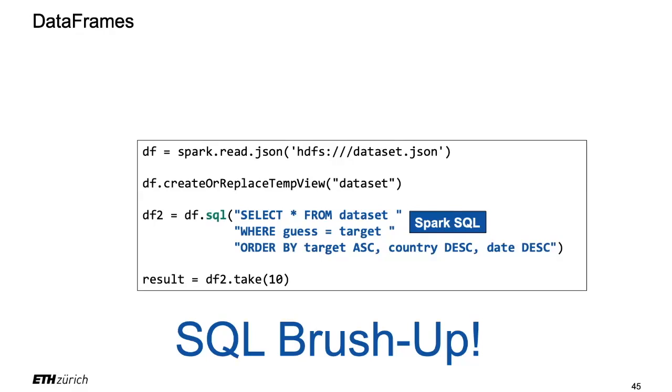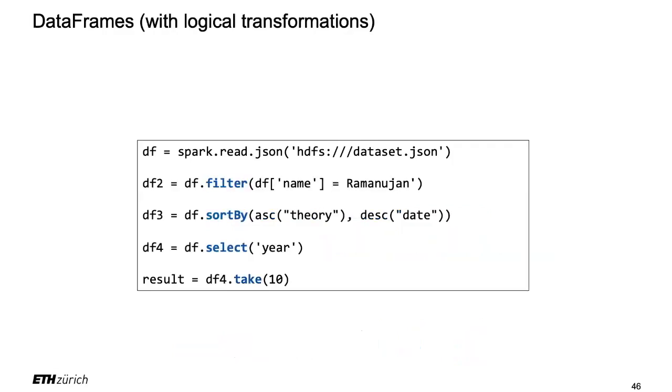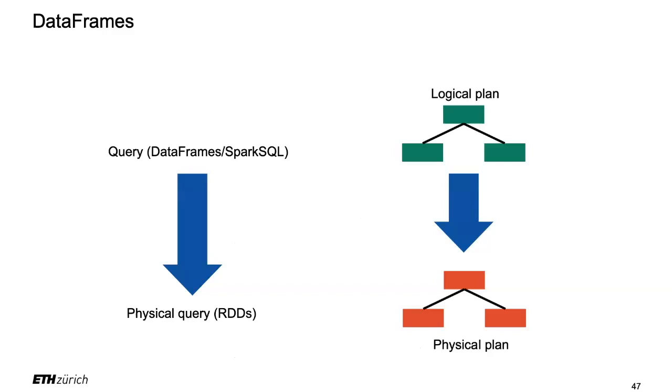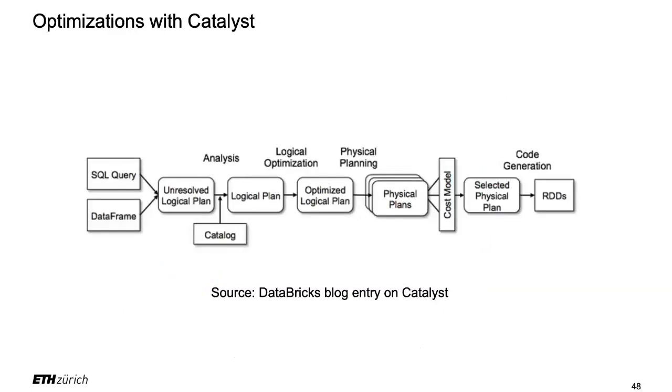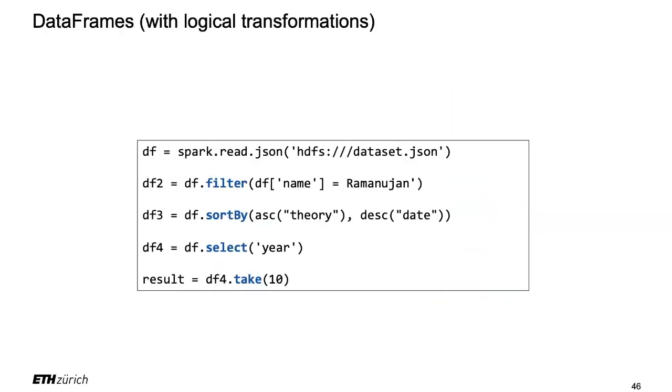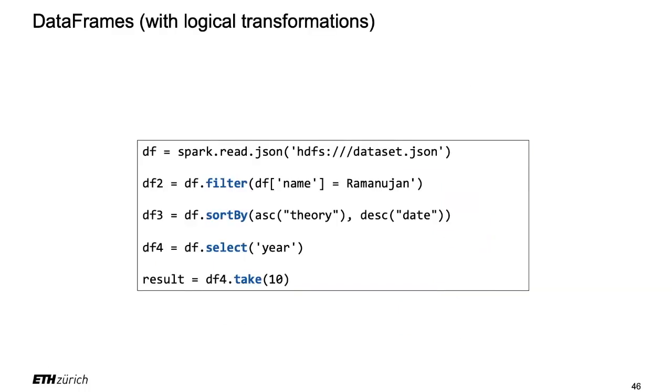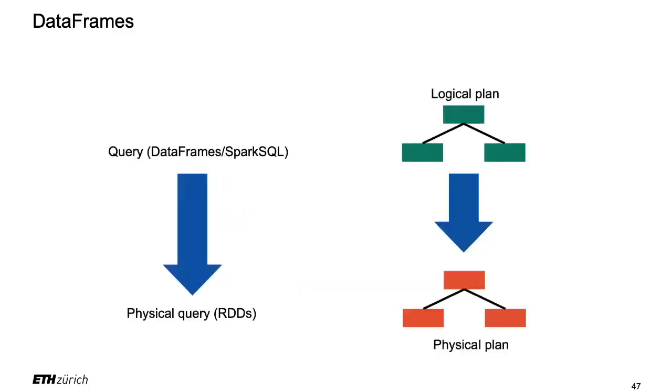Okay. So a few words on Spark SQL. It's really just similar to the SQL that we know. So you have the choice between this or this. Yes, I have slides on Spark SQL, but I just wanted to say this before we get to Spark SQL. So what happens when you write Spark SQL or when you write the transformations like that, it doesn't matter.